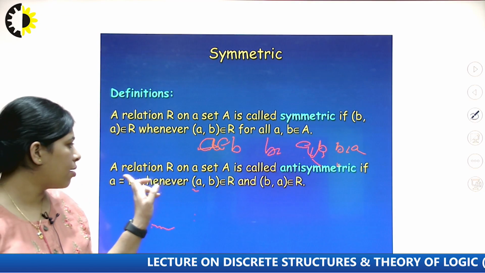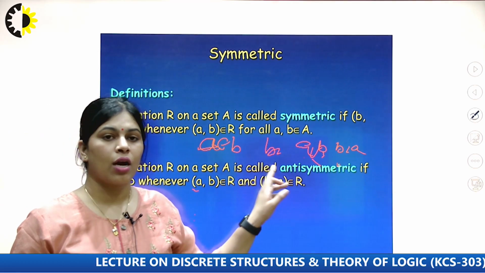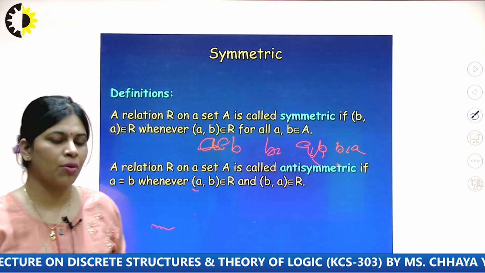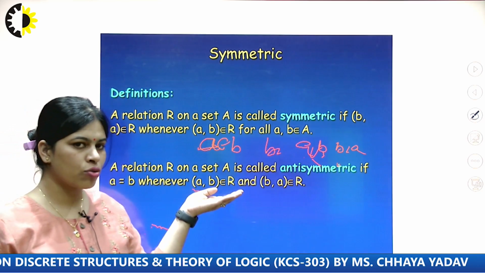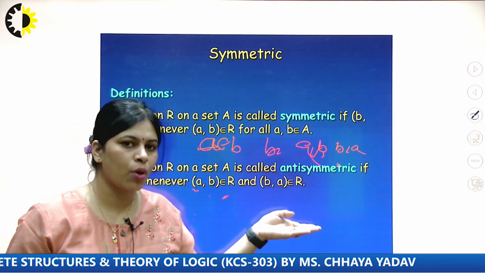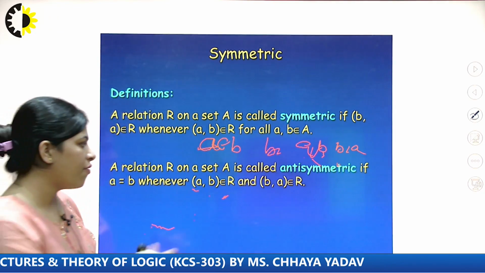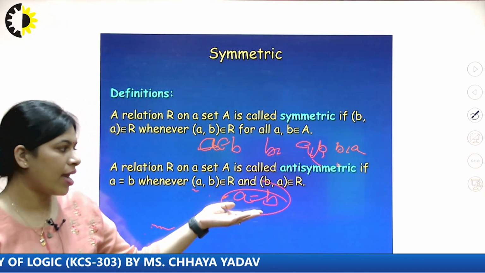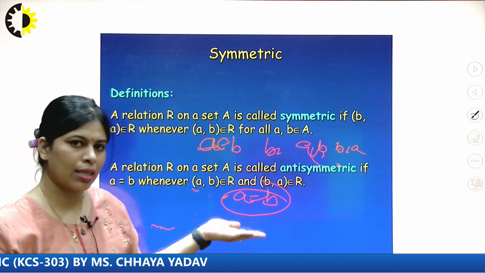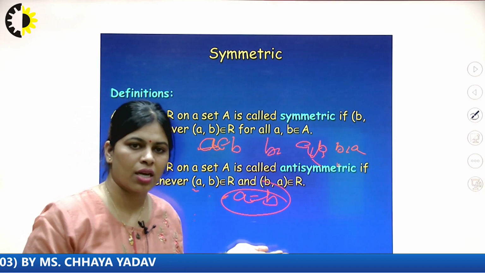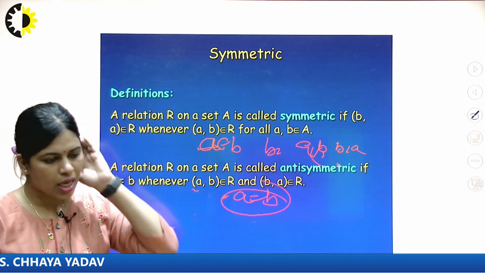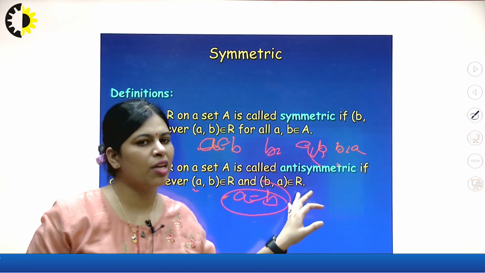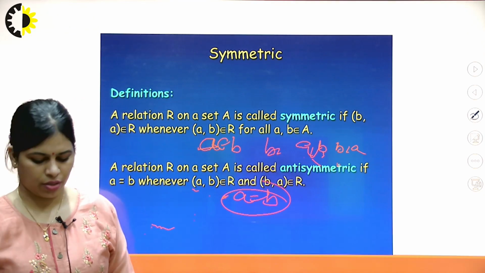Now here is another type, which is called antisymmetric. Antisymmetric means AB can belong to R and BA can belong to R, but only when A equals B, meaning they satisfy the reflexive property. Otherwise, they are not antisymmetric. So AB belongs to R and BA belongs to R only when A equals B, otherwise not.